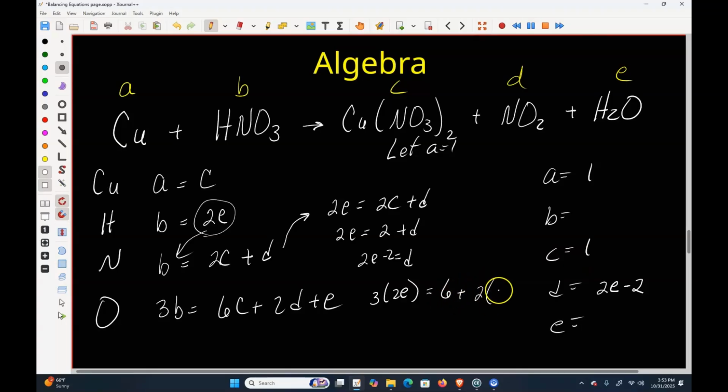That's going to be 2 times 2E minus 2, plus E. This is 6E equals 6 plus 4E minus 4 plus E. This gives me E equal to 6 minus 4. So E is equal to 2.